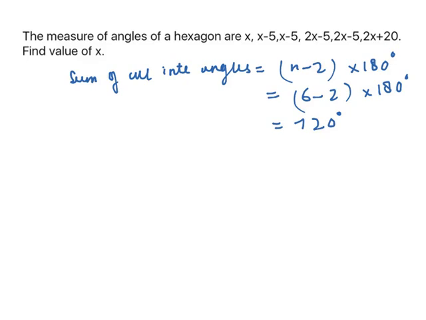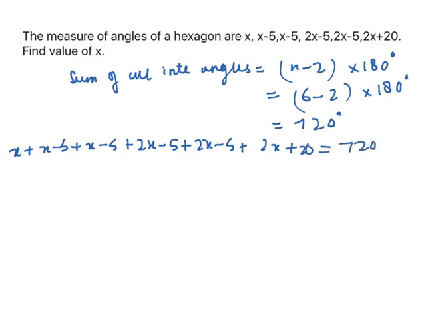Now we have been given these in the form of x. What we can do, we can equate x plus (x minus 5) plus (x minus 5) plus (2x minus 5) plus (2x minus 5) plus (2x plus 20) is equal to 720 degrees. Now we can add the similar terms.